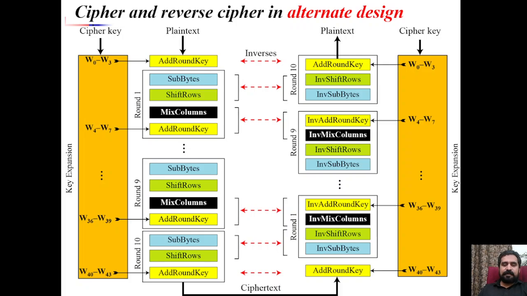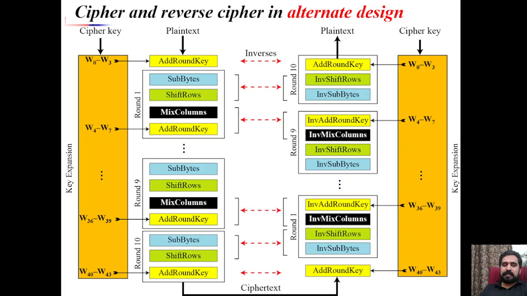This is the cipher and the reverse cipher in the alternative design for the key expansion function. In the alternative design, we analyze what is happening in reverse order. In the inverse order, the add round key tied to the similar stage of round 10 appears in inverse order.